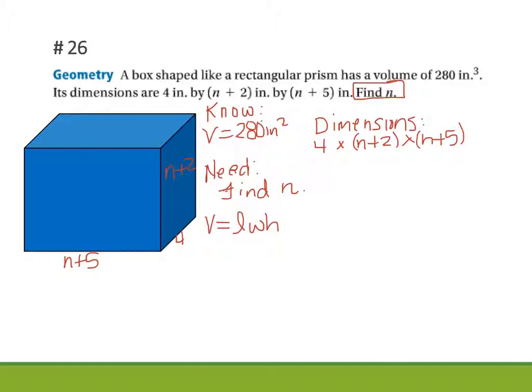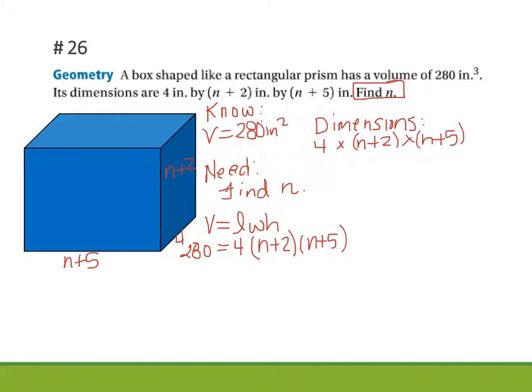Okay, so let's replace that volume formula with the dimensions and with the volume. So we're going to replace V with 280. We'll put in 4 for the length, n plus 2 for the width, and for the height, we'll put in n plus 5.